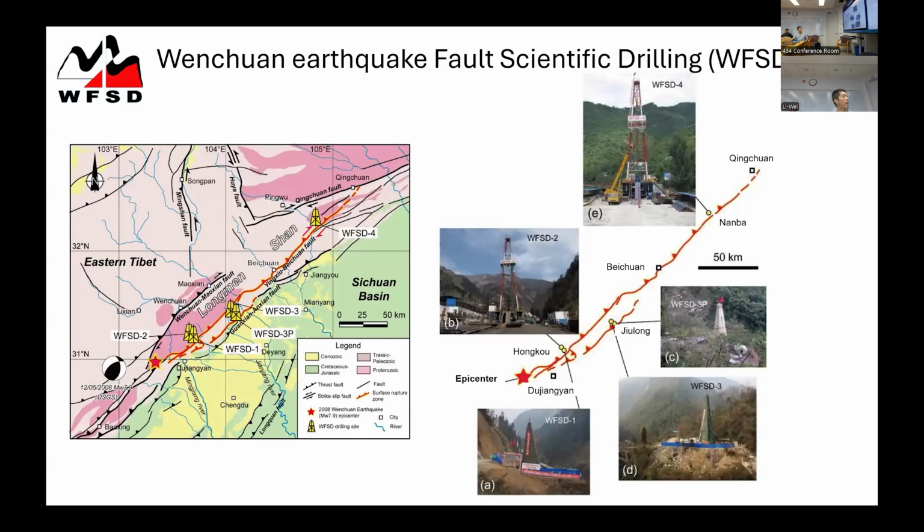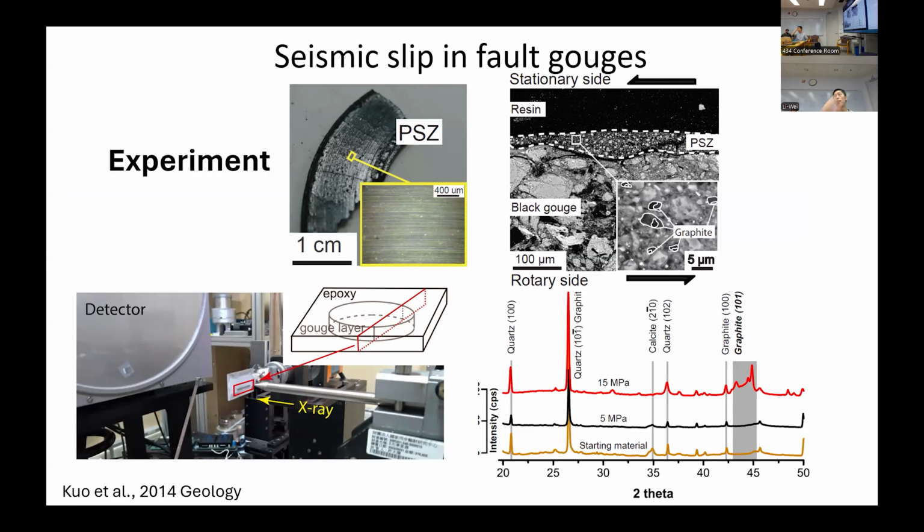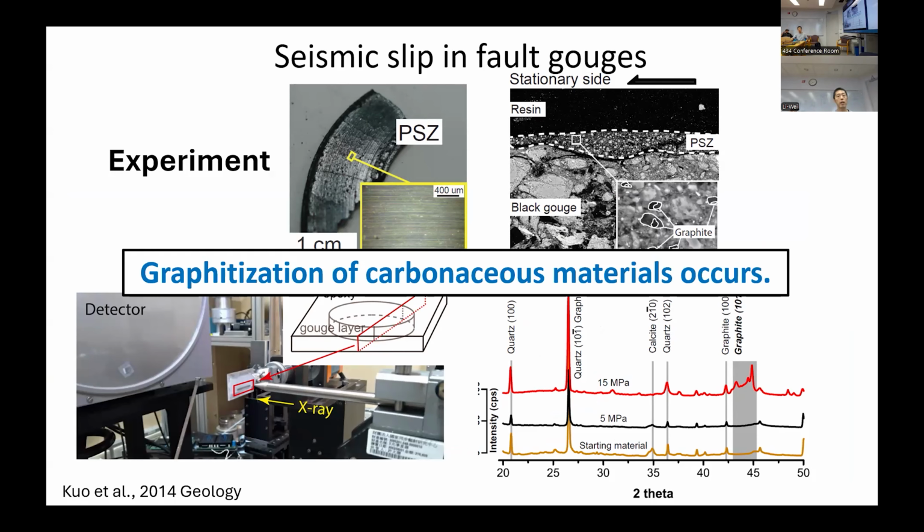So we went there and collected samples. We did rock friction experiments, just like what we did for TCDP. After the experiment, we found there's a reflective shining surface. We also examined the principal slip zone with synchrotron, and we realized that graphite was formed within this principal slip zone, but other parts are carbonaceous material. So that's the first thing we found.